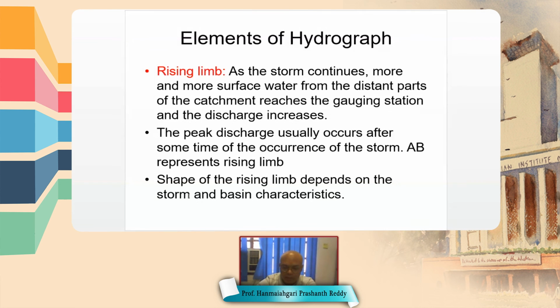If the rainfall intensity is low, then the rising limb slope will be less. For basin characteristics, if the basin is flat, then the rising limb slope will be less. If the basin slope is very steep, then the rising limb slope is high.